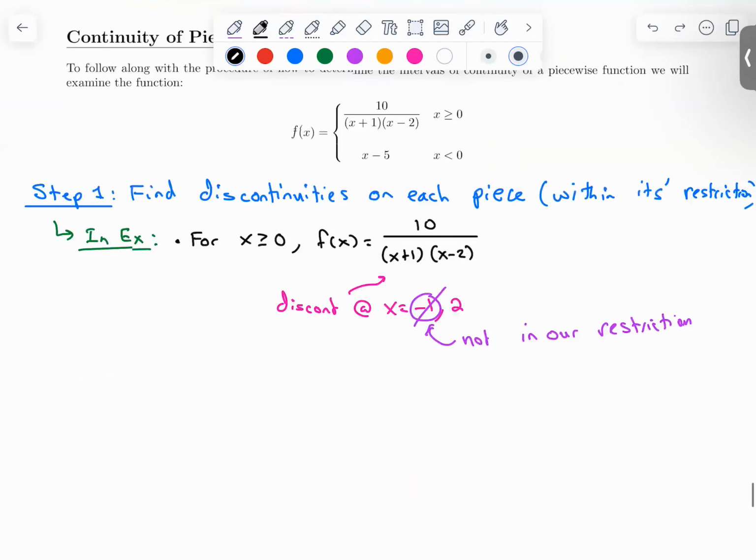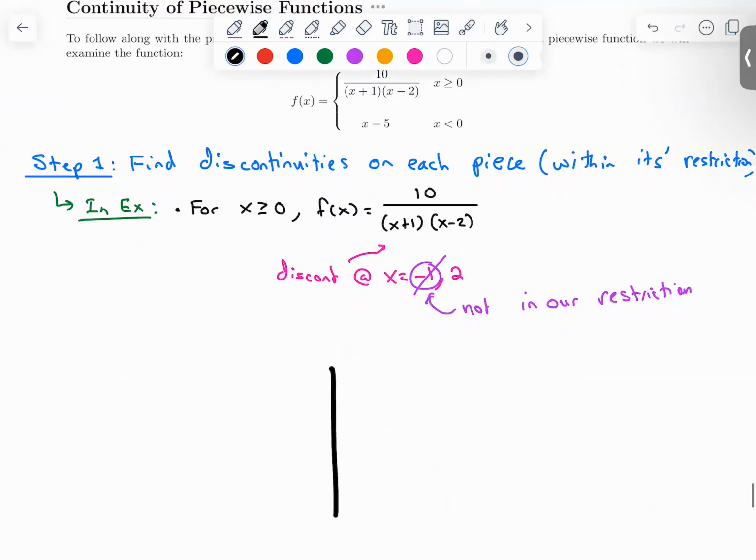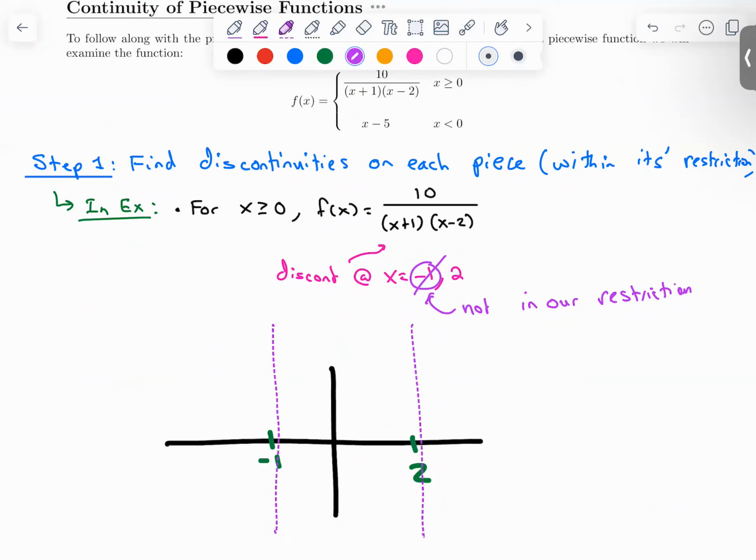If you were to draw this function, I can show you just as an aside. Here is -1, here is 2. The full function should look something like this.